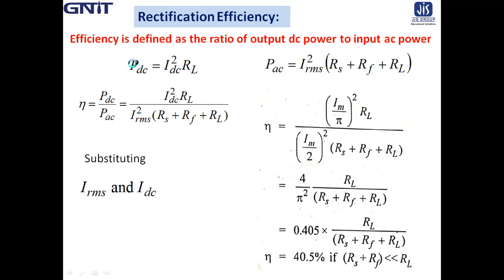So, efficiency is defined as the ratio of output DC power to input AC power.